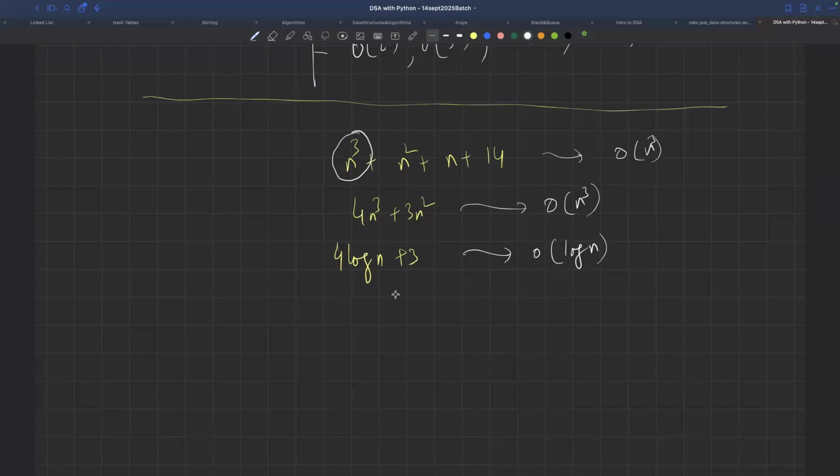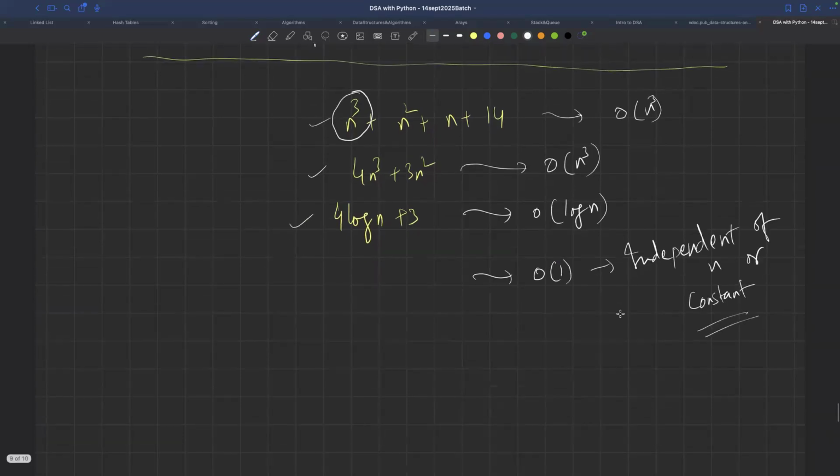Okay, and if the number of steps are independent of n, then we will simply say O of 1. This means independent of n, or we'll say this is constant.